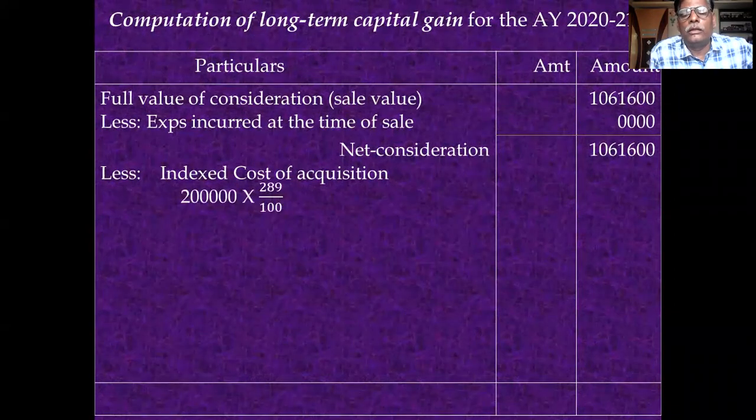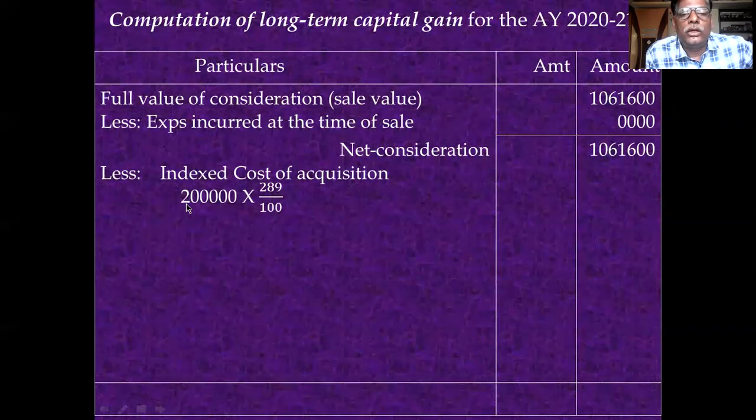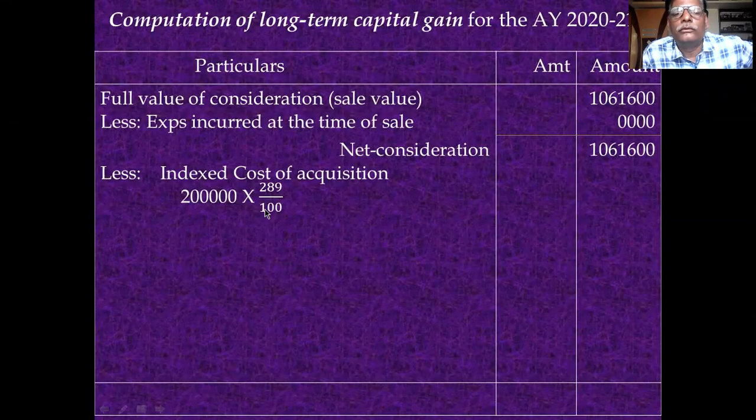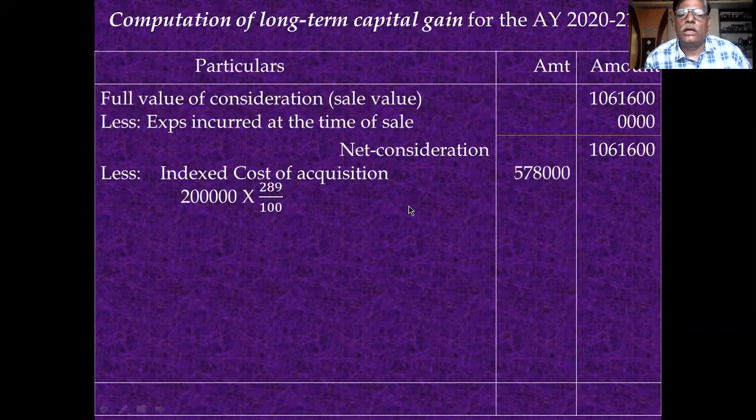Always multiply by 289 and divide by respective year index. 2 lakh is relating to 2001 and 2001 index is 100. So you divide by 100. And its answer is 5,78,000, cost in inflation index.